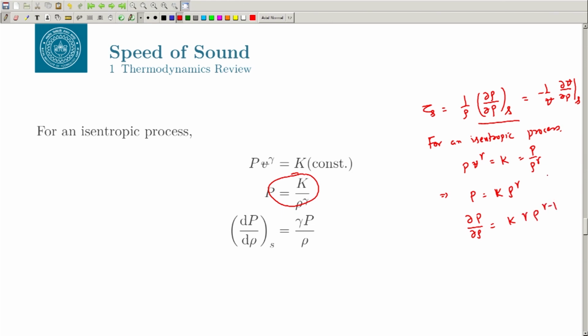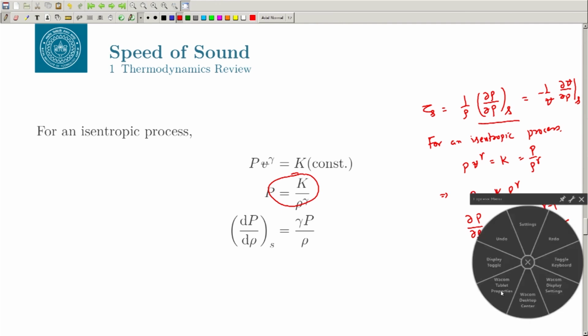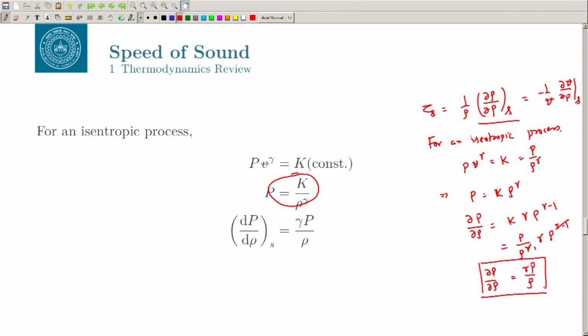Now, we know that k is equal to P by rho to the power gamma. So, you can use the same relation: k will be P by rho to the power gamma, times rho to the power gamma minus 1. This will get cancelled and this will become 1. So, this is nothing but gamma P by rho. So, del P by del rho is equal to gamma P by rho, at constant entropy, of course.